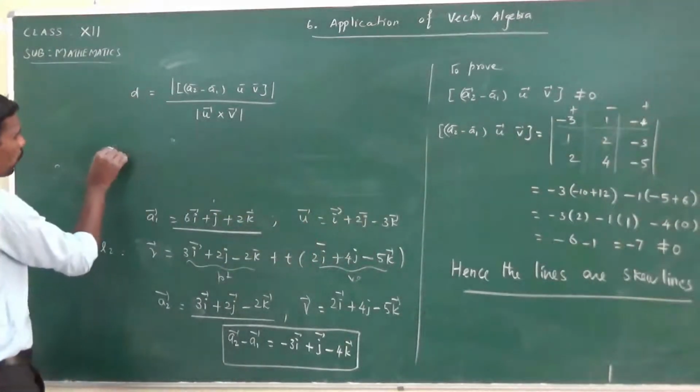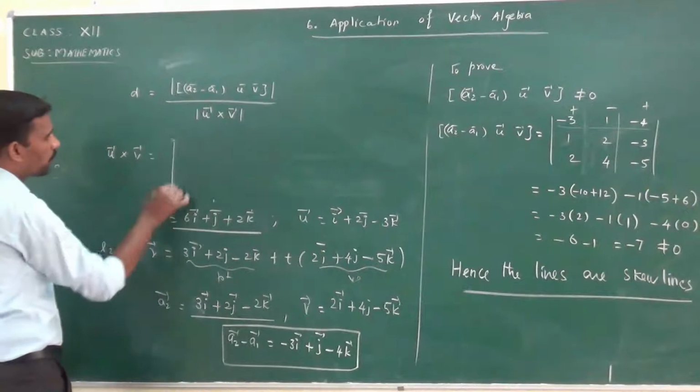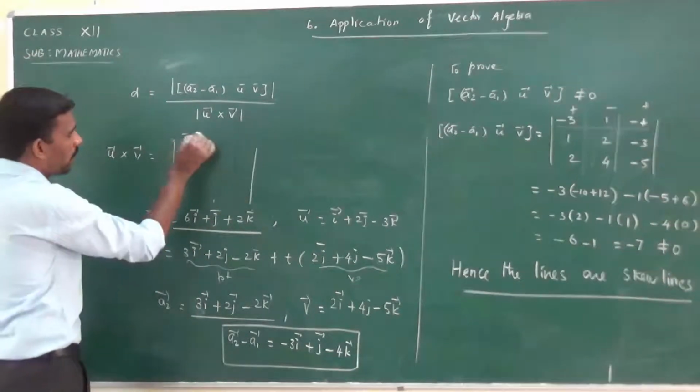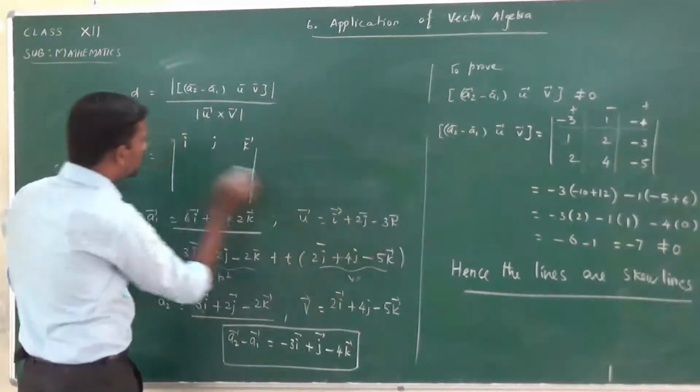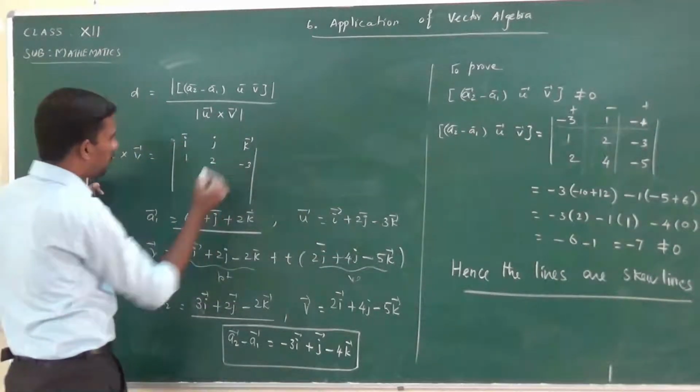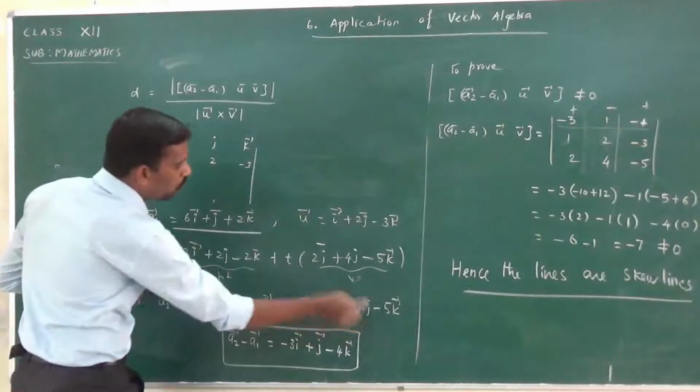Now u vector cross v vector. Cross product means we write the determinant: i, j, k; u vector 1, 2, minus 3; v vector 2, 4, minus 5.